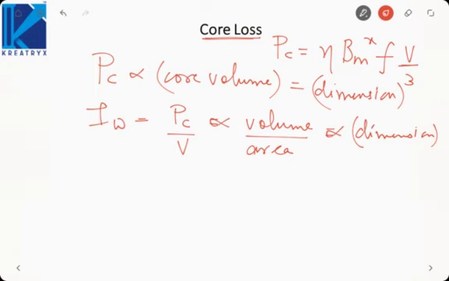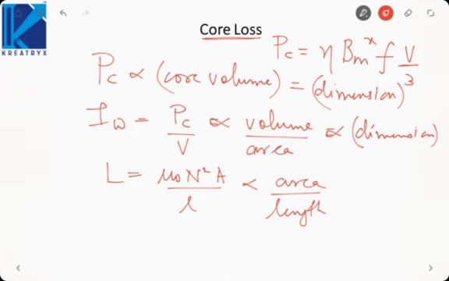Now, if we talk about inductance, inductance is nothing but mu naught N square A by L. So it is proportional to area by length. So it is proportional to dimension.